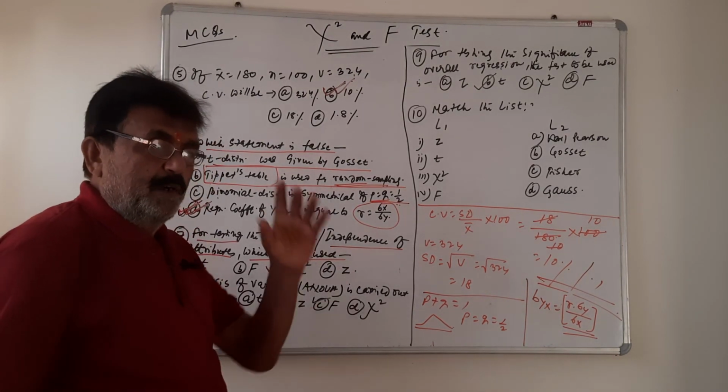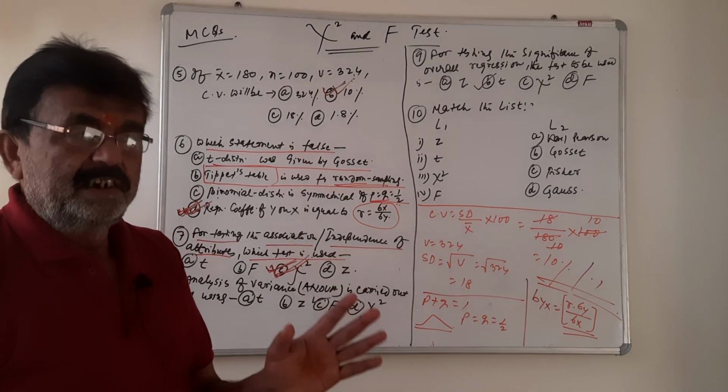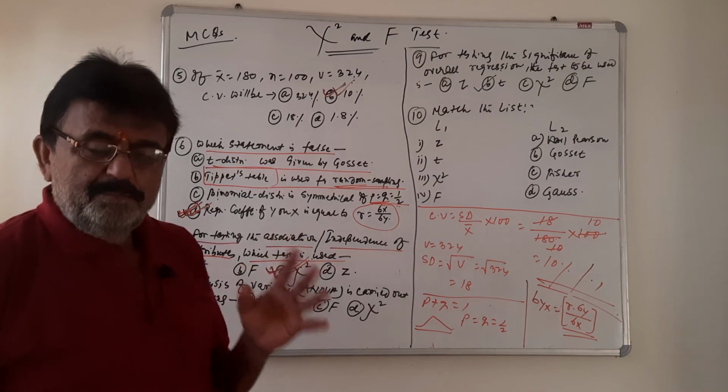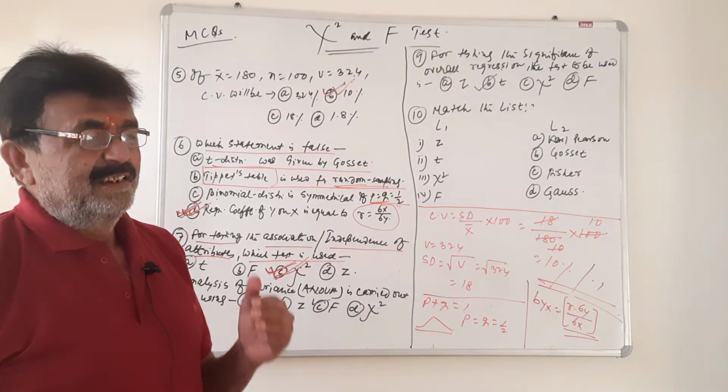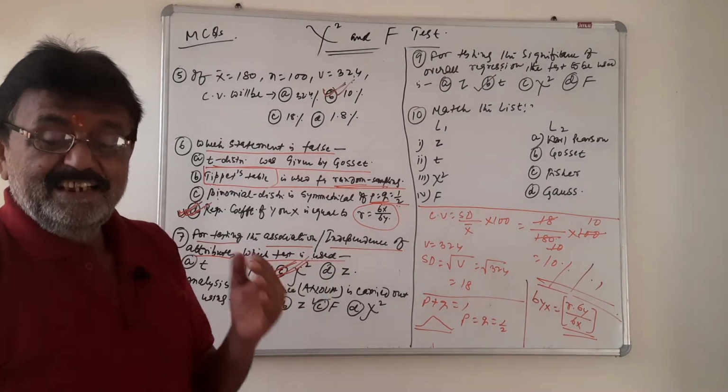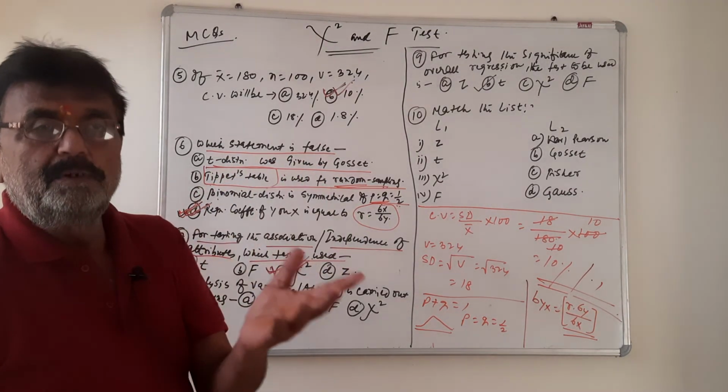Analysis of variance, known as ANOVA, is carried out when we have a multiple regression model and one dependent variable is being affected by various independent variables. Then we may be interested in knowing that out of the total variation of the dependent variable, how much variation is being caused by what variables.